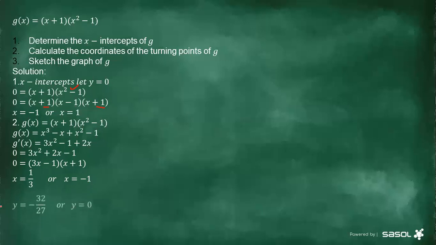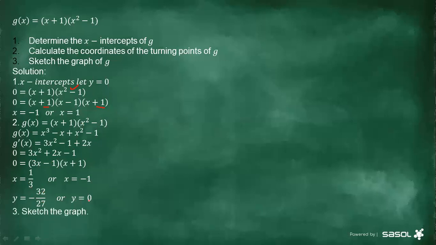We first substitute this 1 over 3 into the original equation. Then it's going to give us y as negative 32 over 27, and y equals 0 there. So the coordinate is (1 over 3, negative 32 over 27), and the other one is going to be (negative 1, 0).